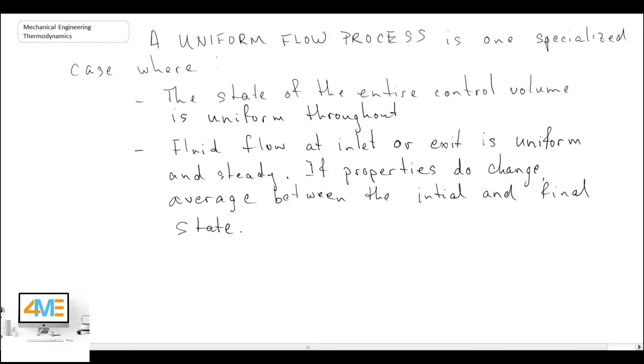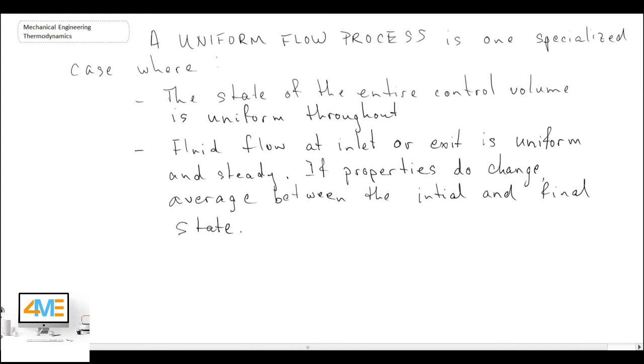So what the uniform flow process assumes is that the state of the entire control volume is uniform throughout. That means that you do not have gradients, be it pressure or temperature, within the control volume. You're assuming that the state is uniform throughout. Another thing that you assume is that the fluid flow at the inlet or the exit is uniform and steady.